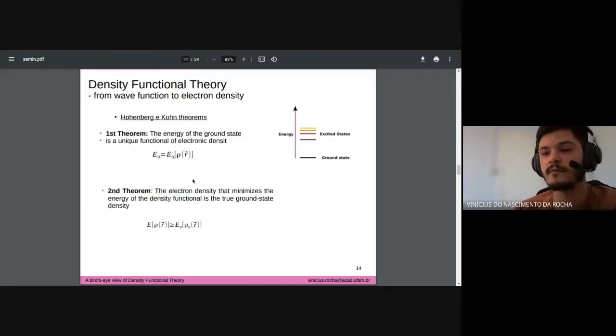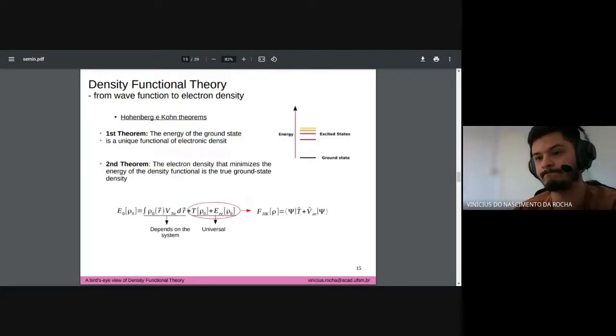The second theorem says that the electron density that minimizes the energy of the density functional is the true ground state density. Thus, the ground state energy can be written as a density functional, where the Coulomb interaction depends on the system, and the terms of electronic exchange and correlation have a universal validity.